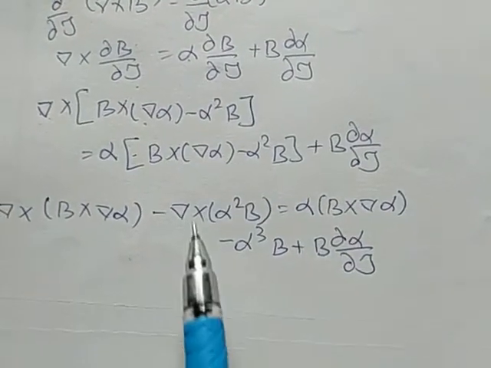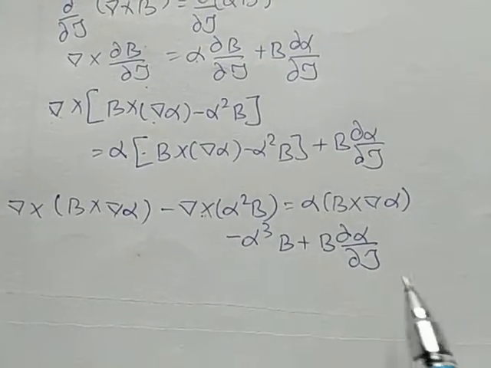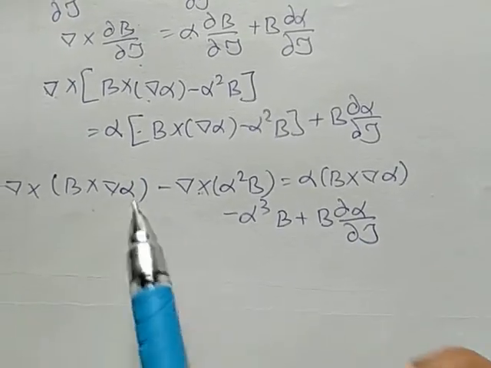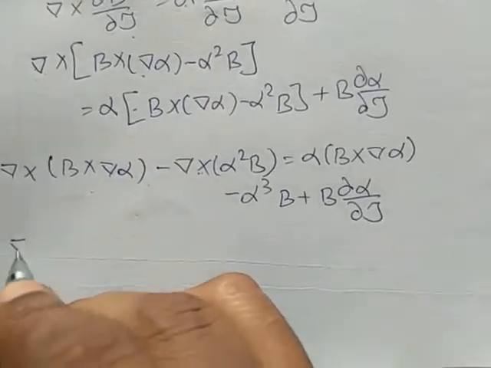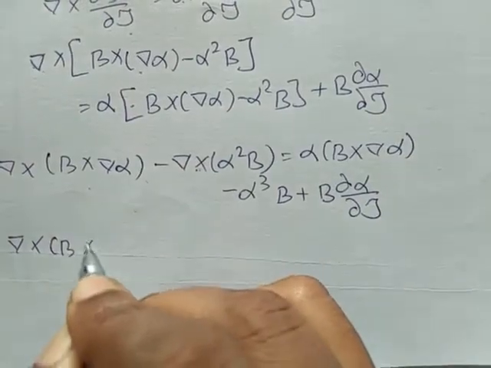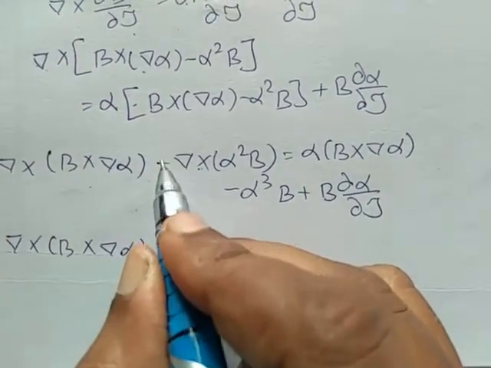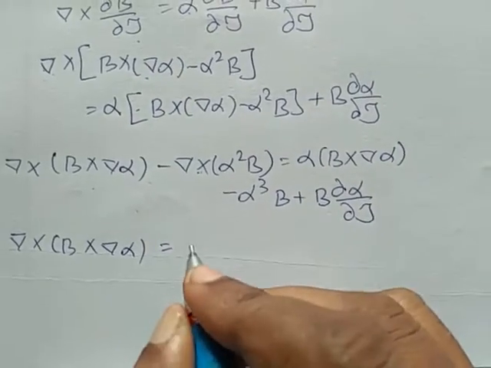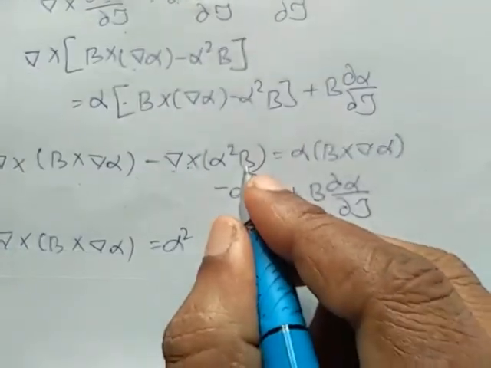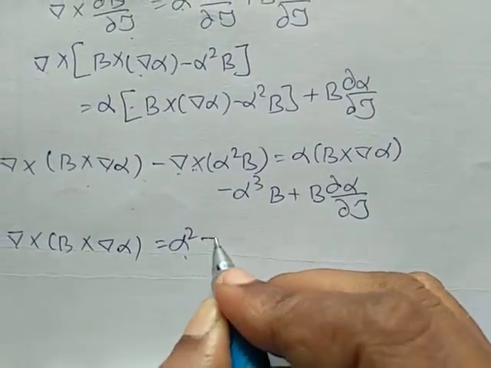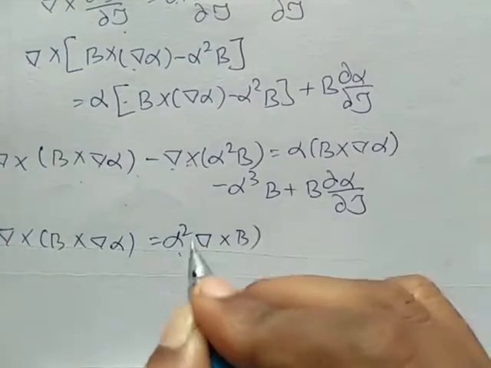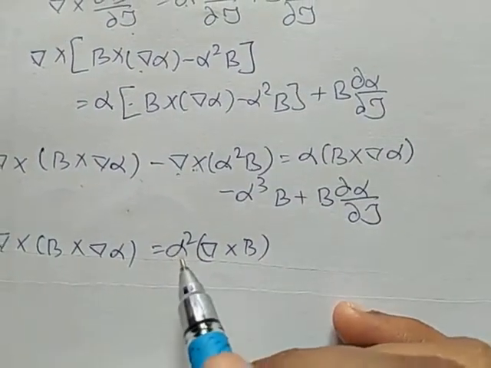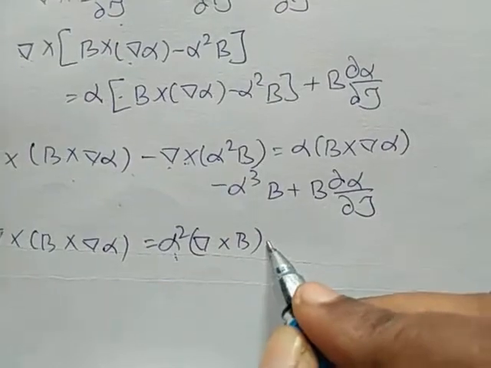So I am going to shift this to the RHS, and we will be left with del cross B cross del alpha. I will shift the rest to the RHS, and we will get the curl of alpha square B. Alpha square curl of B and the curl of alpha square B are not one and the same, because alpha is a scalar function, so alpha square is not a constant.